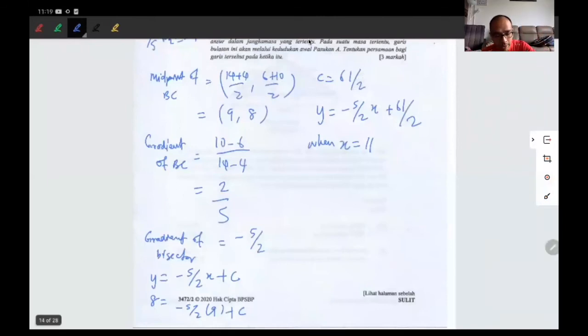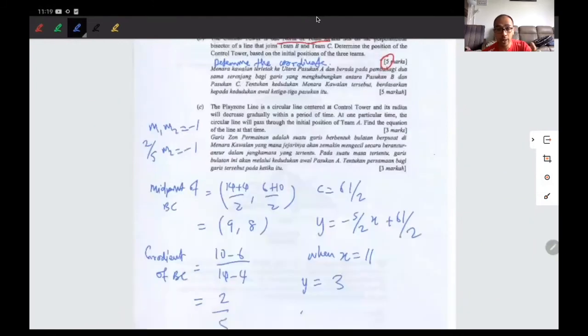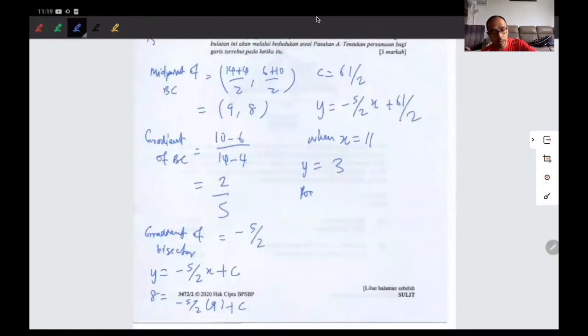So when x equals 11, you will get y equals 3. Therefore, remember to write the answer back. So the position of the control tower is 11 and 3.